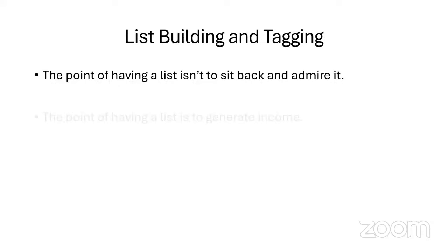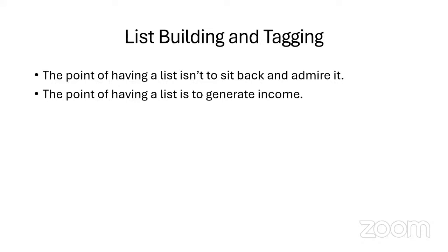It's not for bragging rights. The point of having a list is to generate income. You're working. When you get an email, that's part of your business. It's part of your job. It's work, and if you're going to do some work with it, then you need to generate income from it.